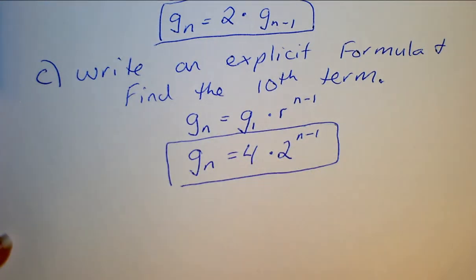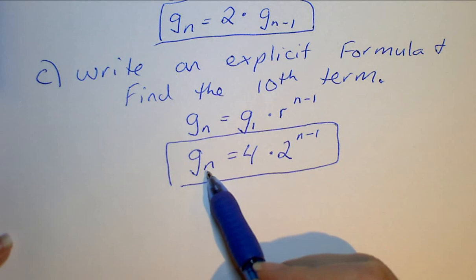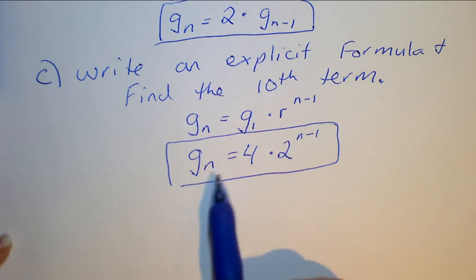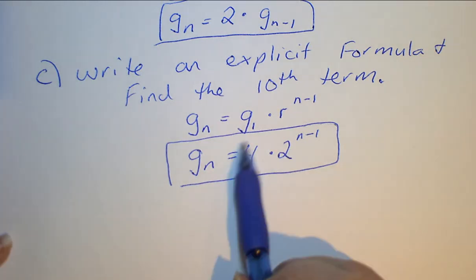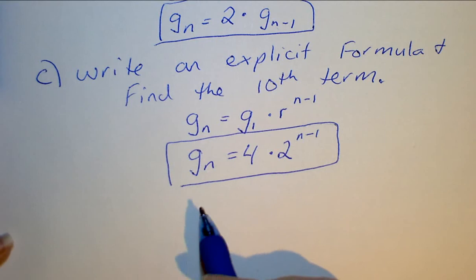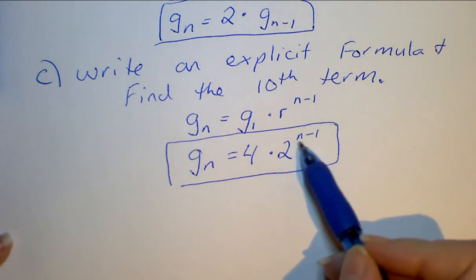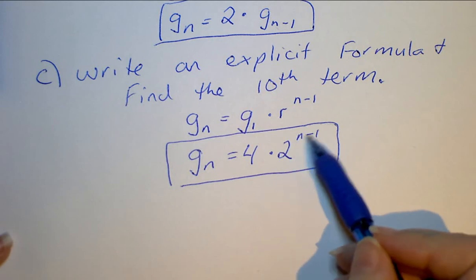Now, how do I find the 10th term? You simply plug in 10 for your n. Now, also class, remember that you cannot multiply. Why can I not multiply this together and just say 8? Yes, because order of operations tells me that we have to do this first, then multiply it by your 4.